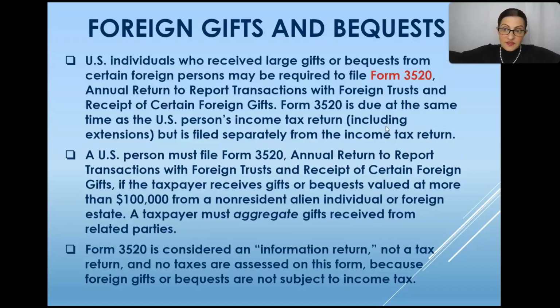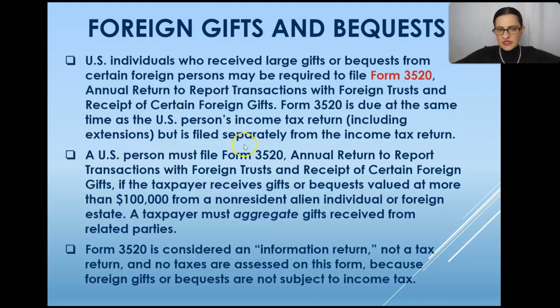But if they receive a large foreign inheritance, like let's say they have a brother or sister that lives overseas and they pass away and then they inherit a huge amount of money from that person, then they might have to file the Form 3520, even if they don't have a normal filing requirement for income tax. So this filing requirement is considered separate.